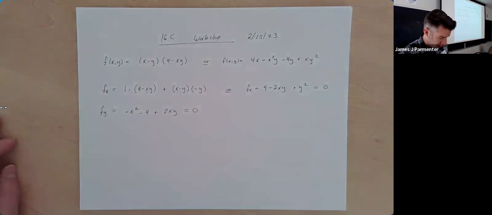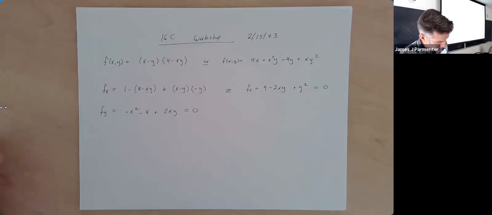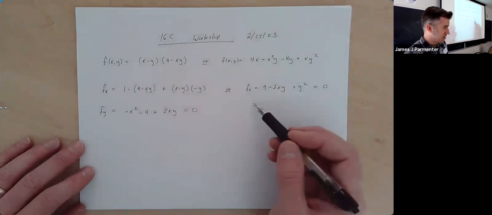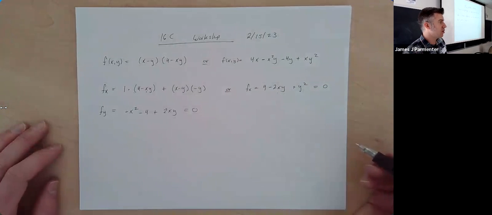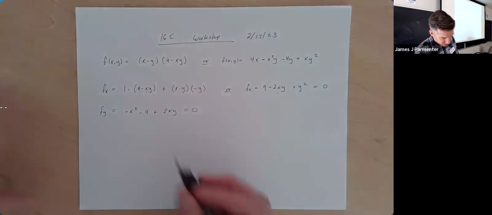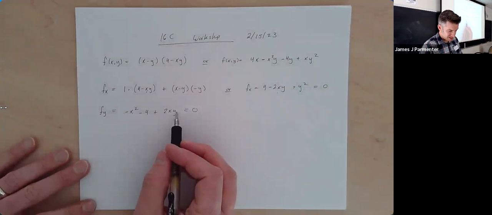I'm not actually sure how I'm going to go about finding them here. Neither of these looks particularly easy to solve for x or y. Unlike the examples I've given us, we don't have a y or an x factoring out nicely. So when that fails, we should do another problem too, but when that fails, we're going to solve for what we can.